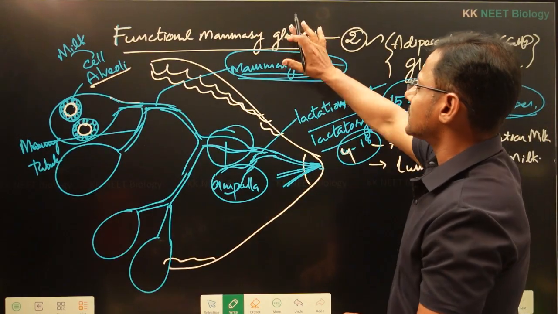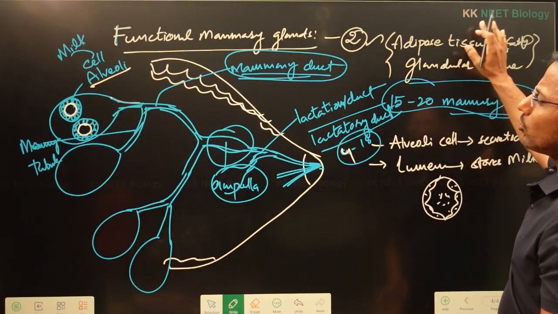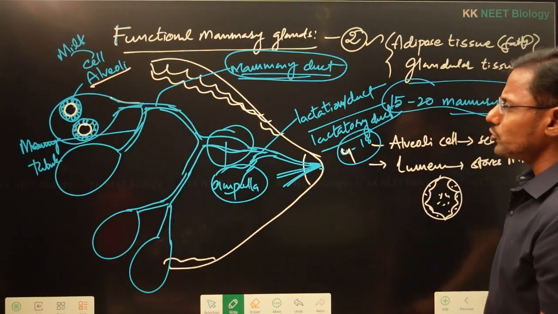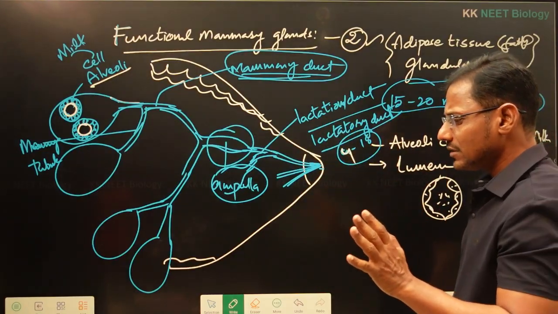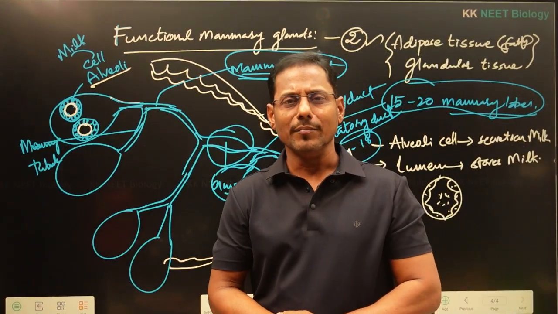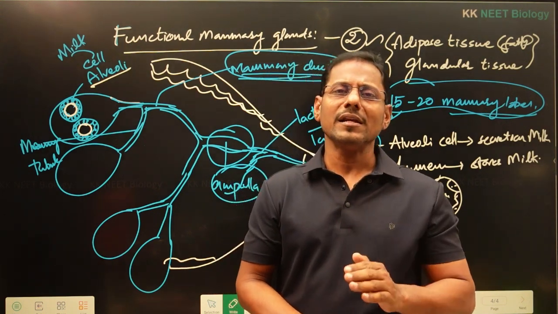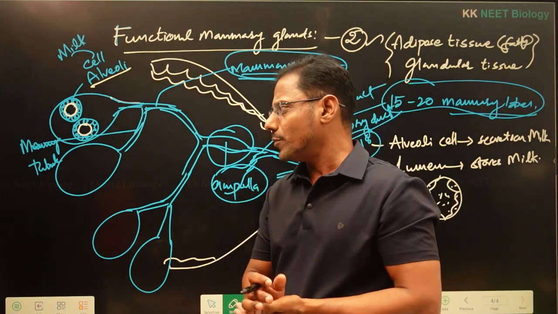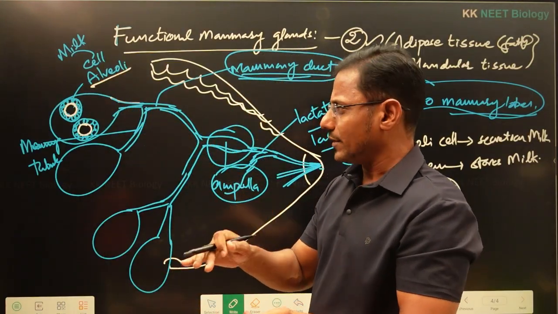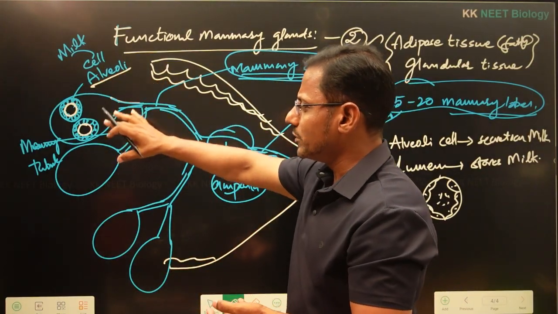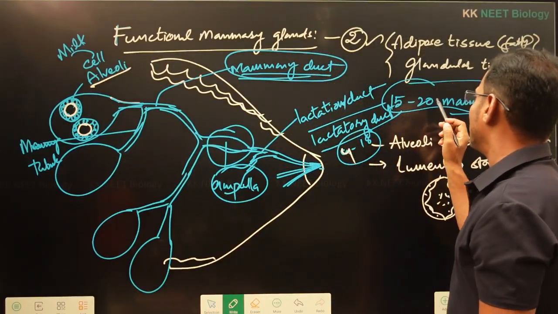The mammary gland contains adipose tissue, or fatty tissue, along with glandular tissue. The glandular tissue has the alveolus cells that secrete the milk, and the milk is stored in the alveolus lumen. This mammary gland is divided into 15 to 20 mammary lobes.